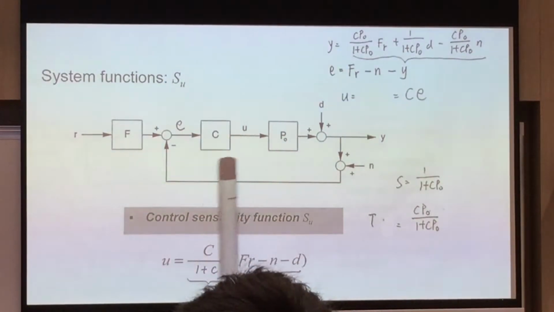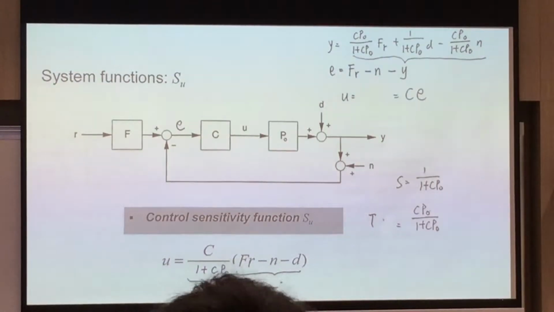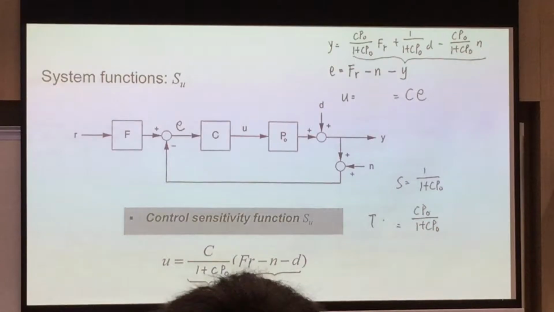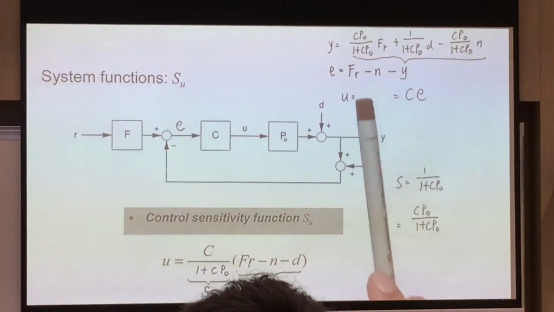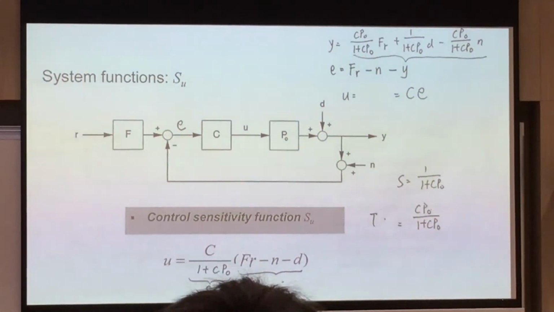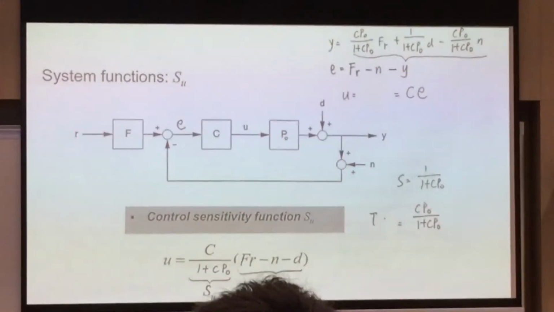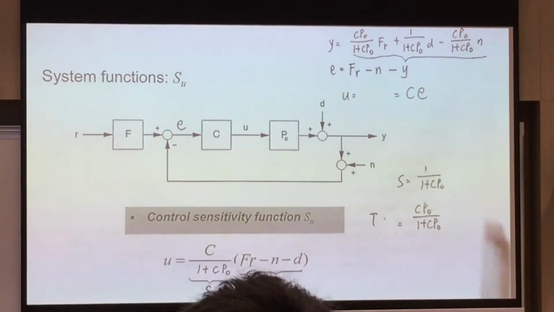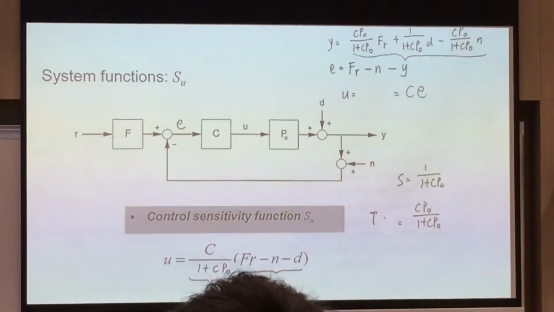Okay, and you know that U is C times E. Okay, and derive that U is C times FR minus C times N minus C times Y. Okay, and how do you move from here to here?